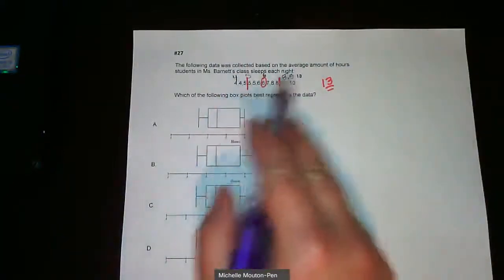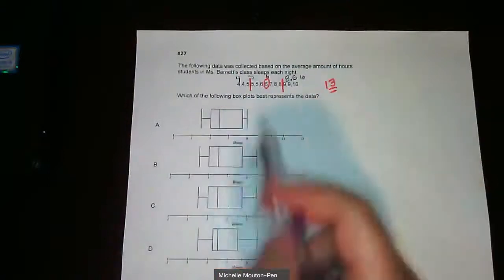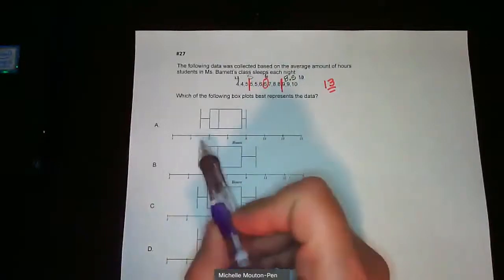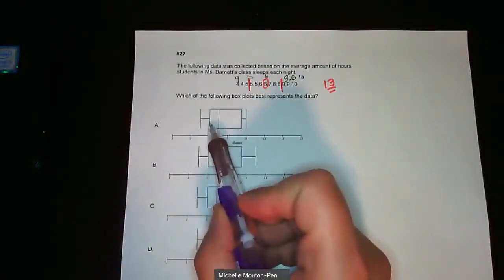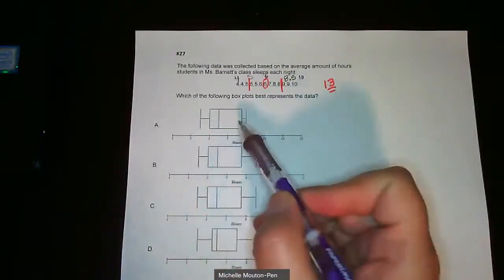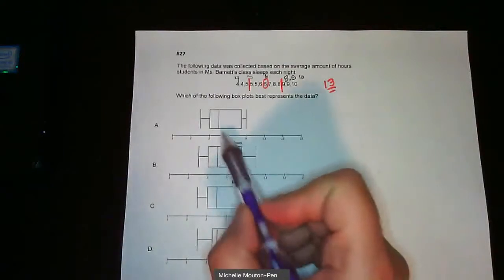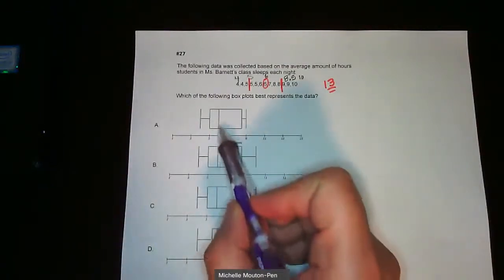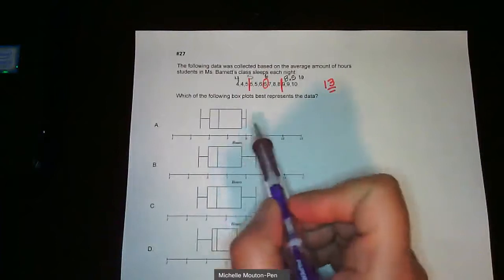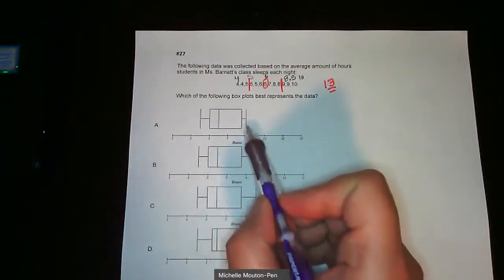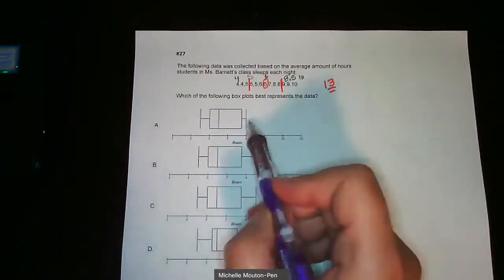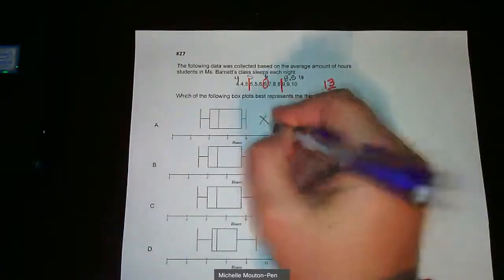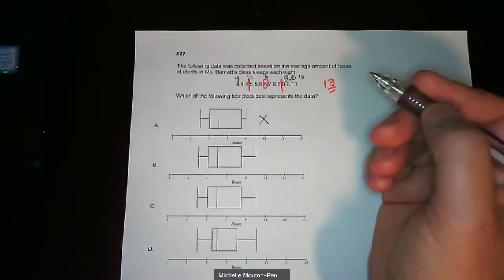These are my 5 numbers that need to be plotted on my number line. If we look here, this one starts at 4, and then it's 5. Maybe that one's 6. 8.5. This one stops at 9 though, and I need it to stop at 10. So therefore, that one is a big fat no.